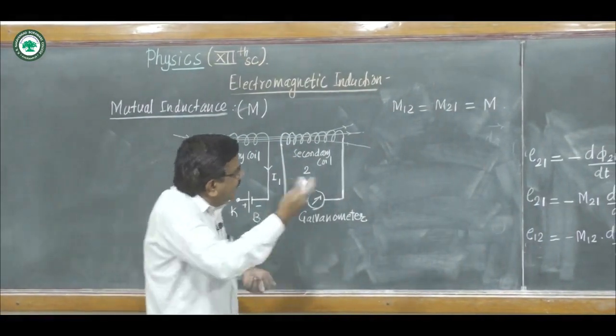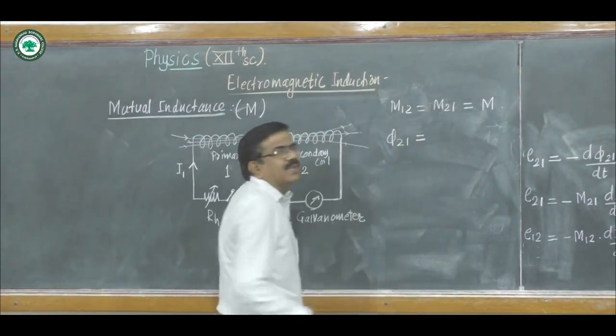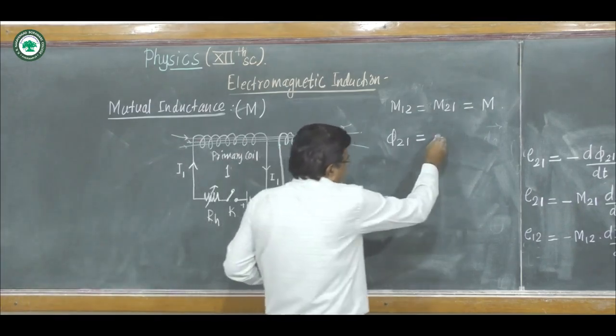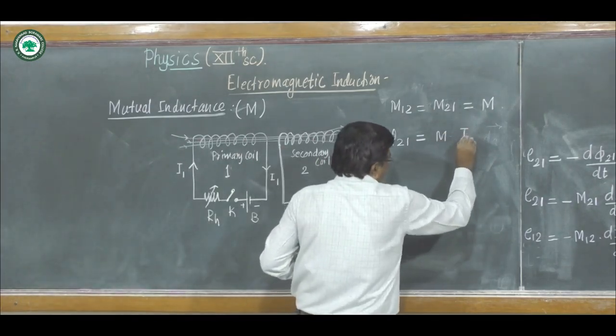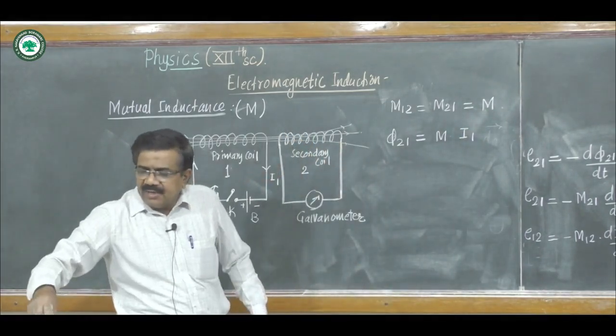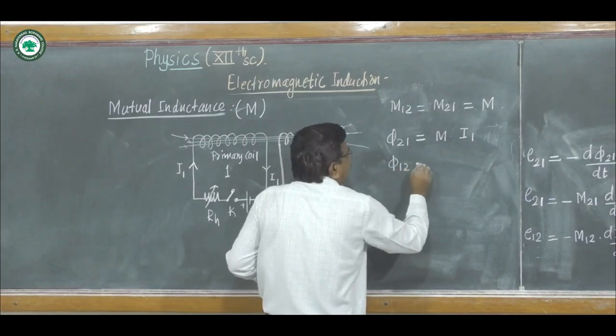So Phi21, our earlier equation, is Mi1, and Phi12 is Mi2.